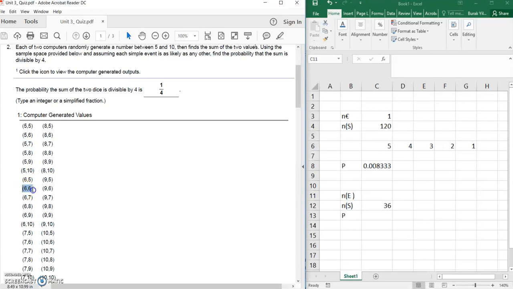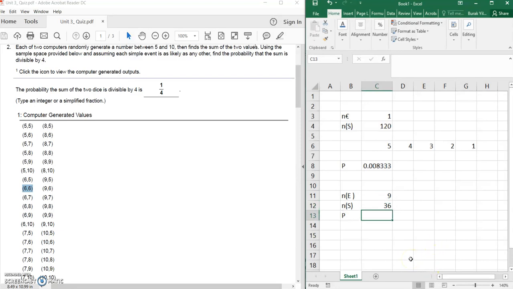For example, you'll see 6 and 6, that's 12. 12 is divisible by 4, so that's 2. So you're going to go through every single one of these pairs, add them, and see if it's divisible by 4 or not. So if the answer is yes, you count those. And you'll see that when you go through all of them, there are just 9 pairs whose sum is divisible by 4.